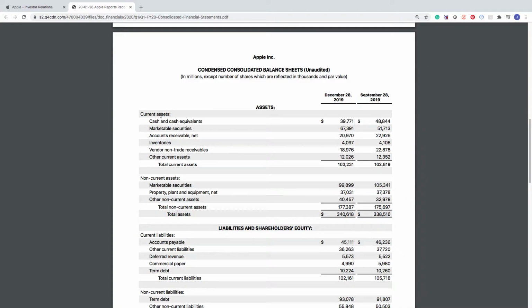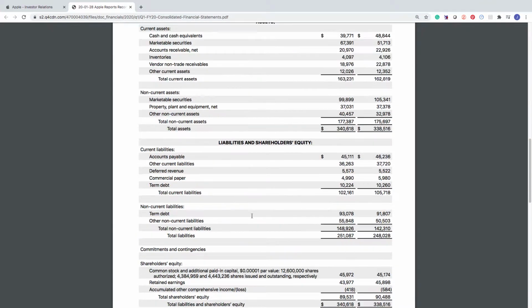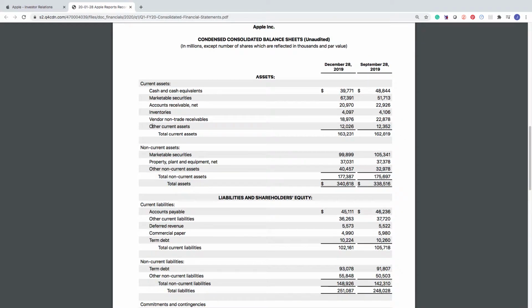Firstly, when we go into the assets and also within the liabilities and the shareholders' equity, you'll see that they are divided into two sections, current assets and non-current assets. Now, what are current assets? Current assets are the cash and other resources which Apple can sell within a period of less than a year and convert into cash.